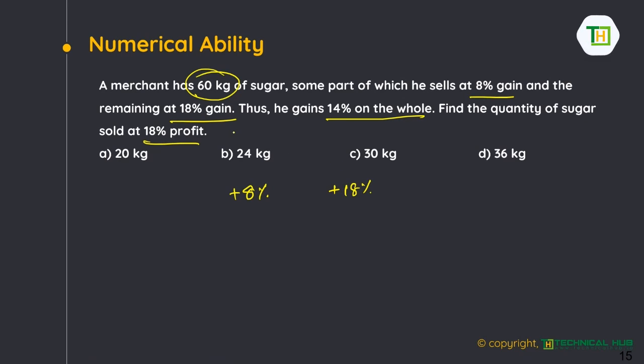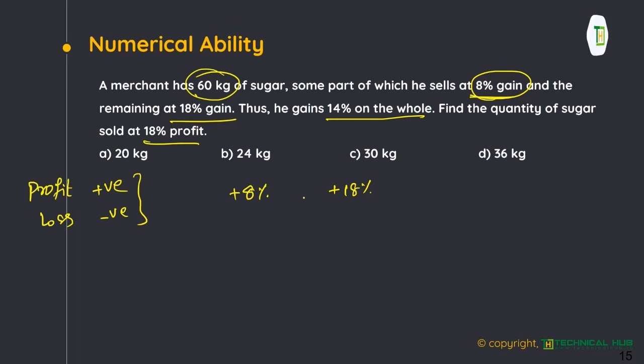But here in this problem, both are profits only. 8% gain, 18% gain. Both are positive signs. In case it is 8% loss, you need to use -8 instead of +8. Why? Because profit indicates a positive sign and loss indicates a negative sign. Okay, you must be aware of these 2 points.